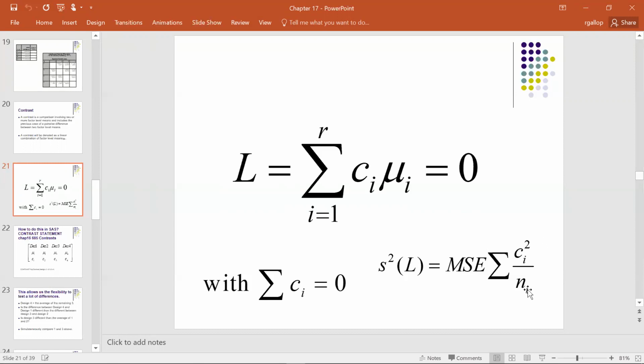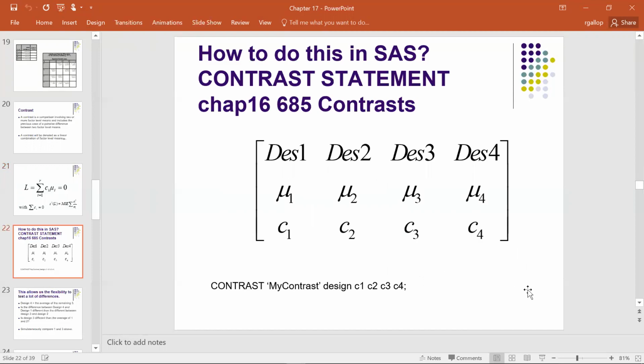With equal cell sizes, obviously it's a little easier. When we're focused on the Kent data, remember the cell sizes are 5, 5, 4, 5, so it's not equal cell size. But this is the basic setup of a linear contrast.